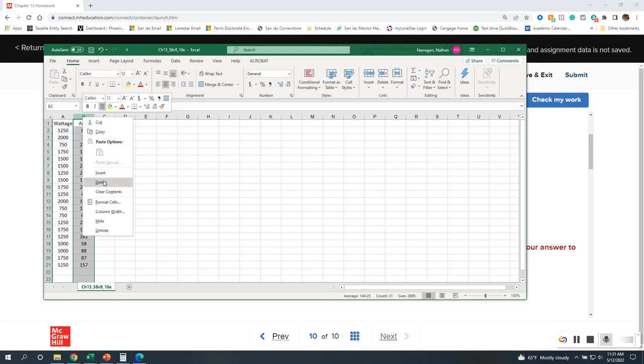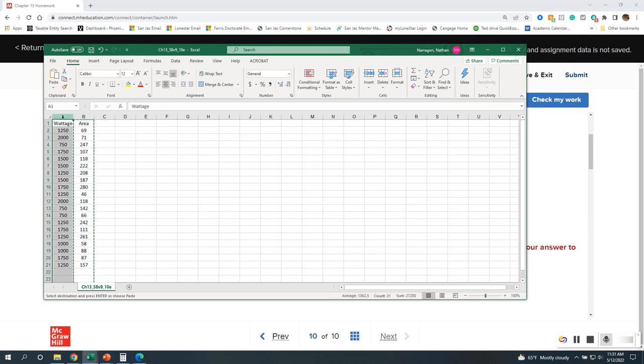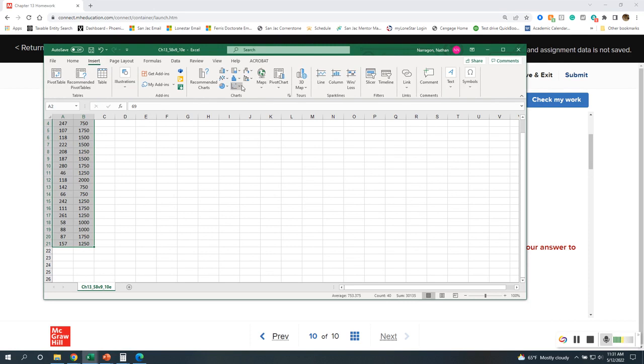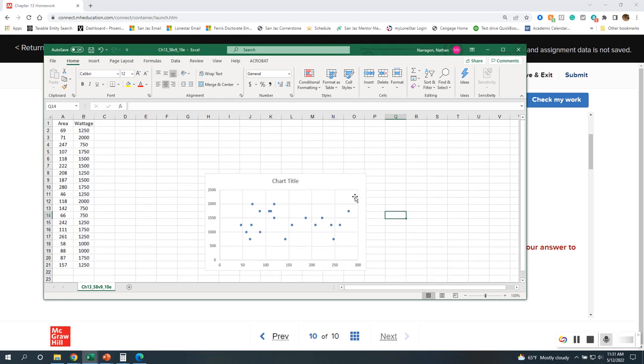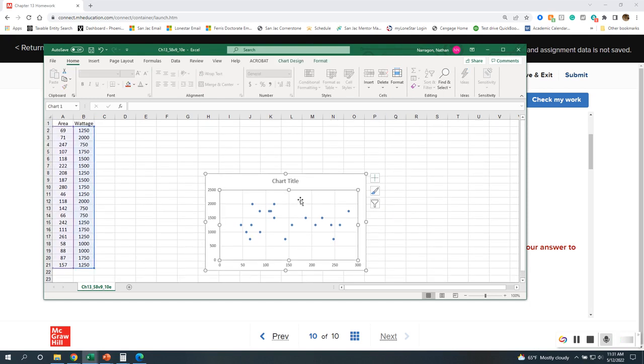We know that we're going to switch these because the area is the independent and wattage is dependent on the area, because I want to do a scatter. Wow, the scatter plot actually shows basically not really a correlation going on. So let's confirm this.